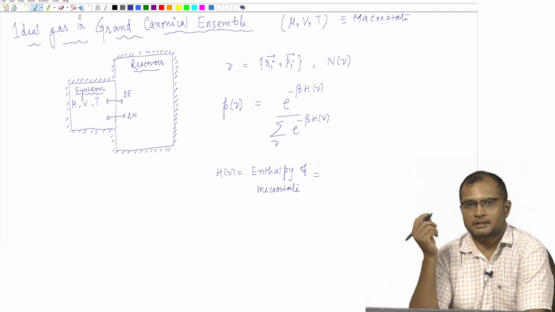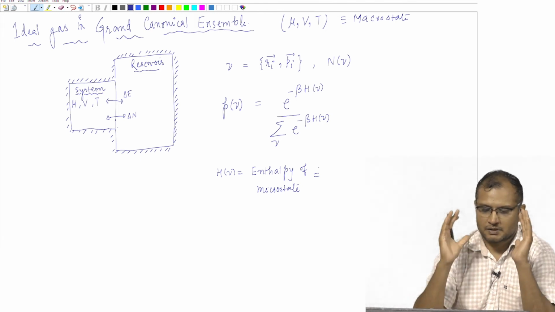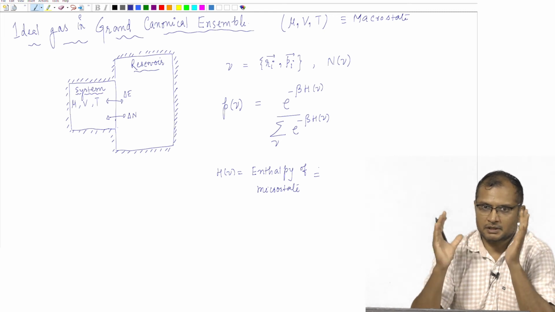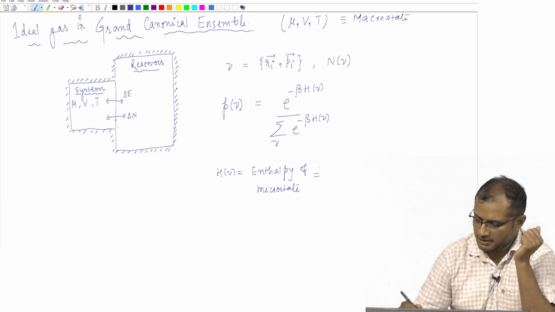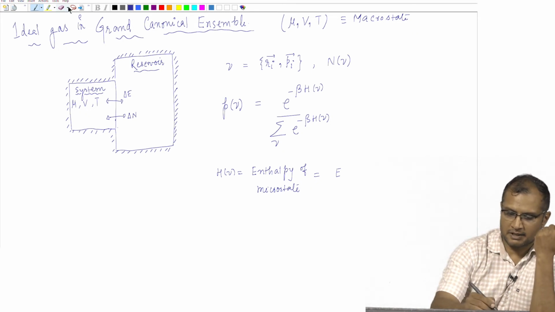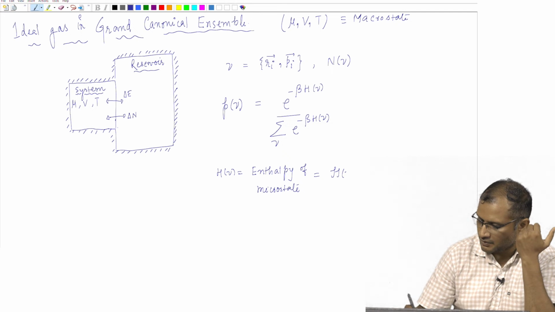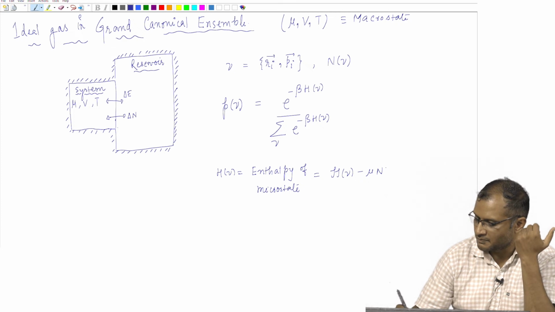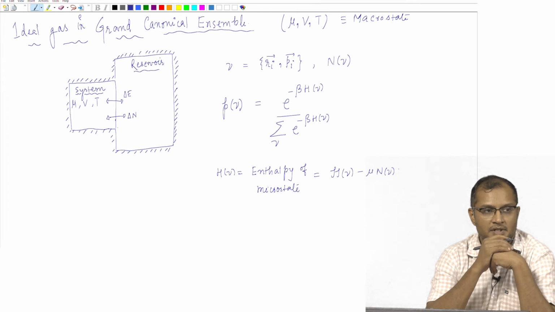Keep in mind that in the grand canonical ensemble, the energy scale is not the internal energy, because the internal energy along with the chemical energy, mu n, is the random variable of the problem. So, the enthalpy is basically the internal Hamiltonian of the microstate minus the chemical energy mu n_nu. This is the energy scale of the problem.